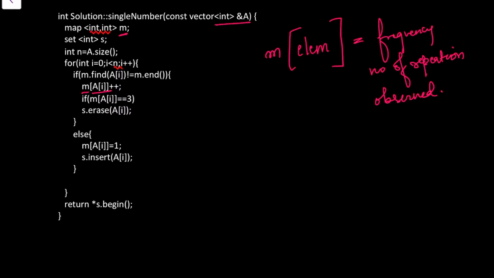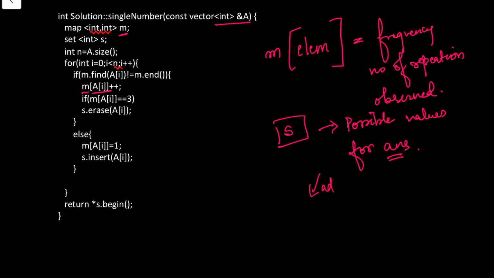Here I have another set. Now this set will contain all the possible values for the answer or result. Then we'll just add and remove values from the set.